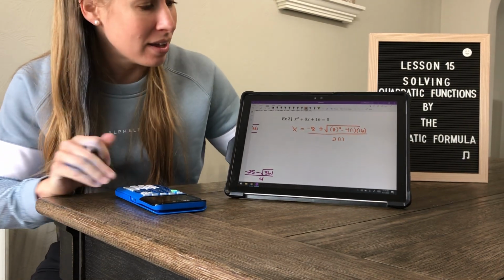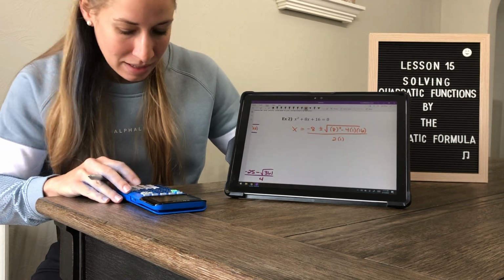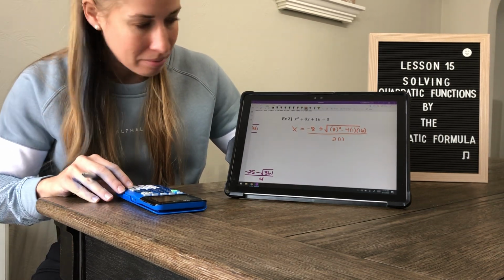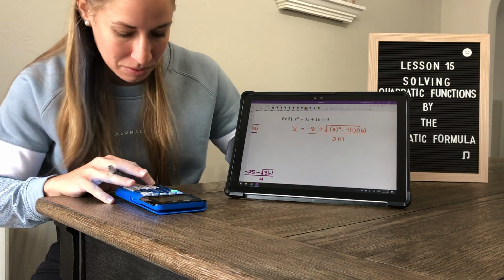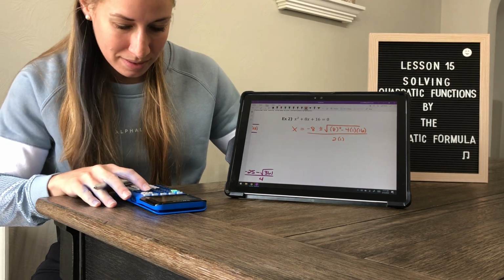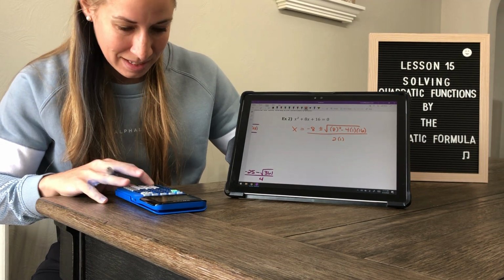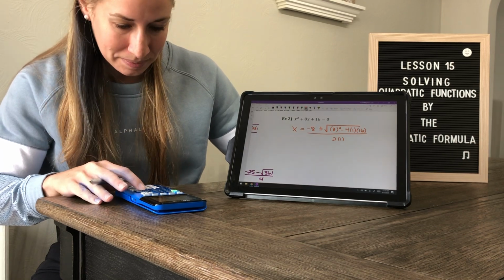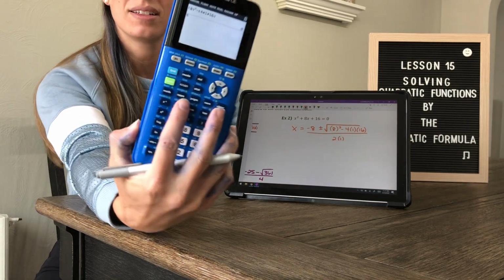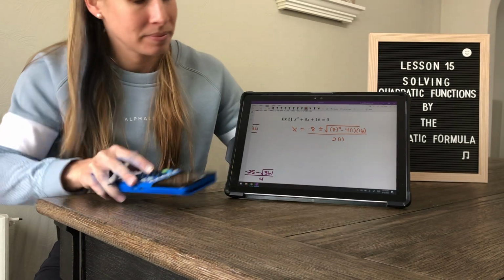So now simplify our radical. We've got 8 squared minus 4 times 1 times 16. I got 0.